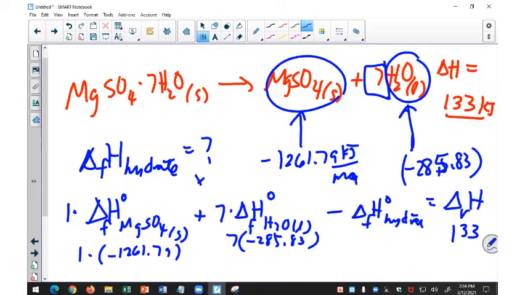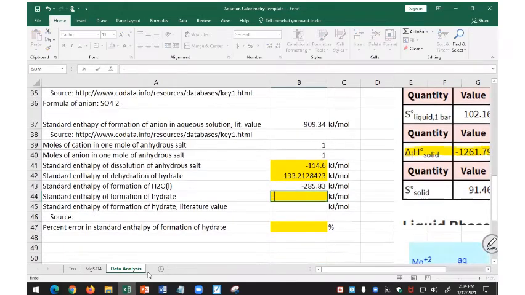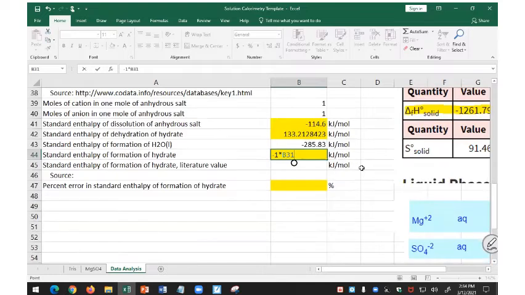Yeah, the negative of these minus these, right? So this is going to be minus 1 times the delta H formation of the anhydrous salt plus minus 7 times the delta H formation of water.